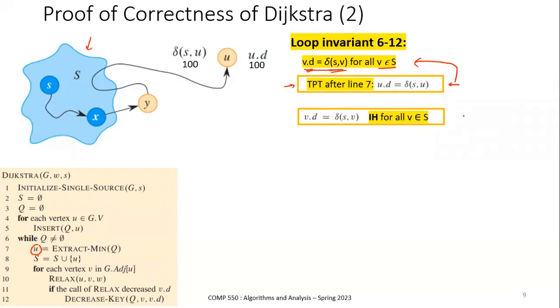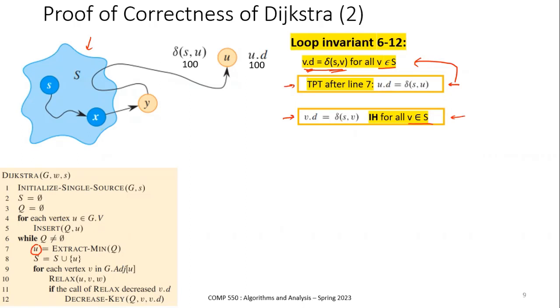So we're going to make an induction hypothesis, and we'll assume that for all the vertices already in S, the following is true: those vertices already have the property that their estimates are equal to the shortest path weights.